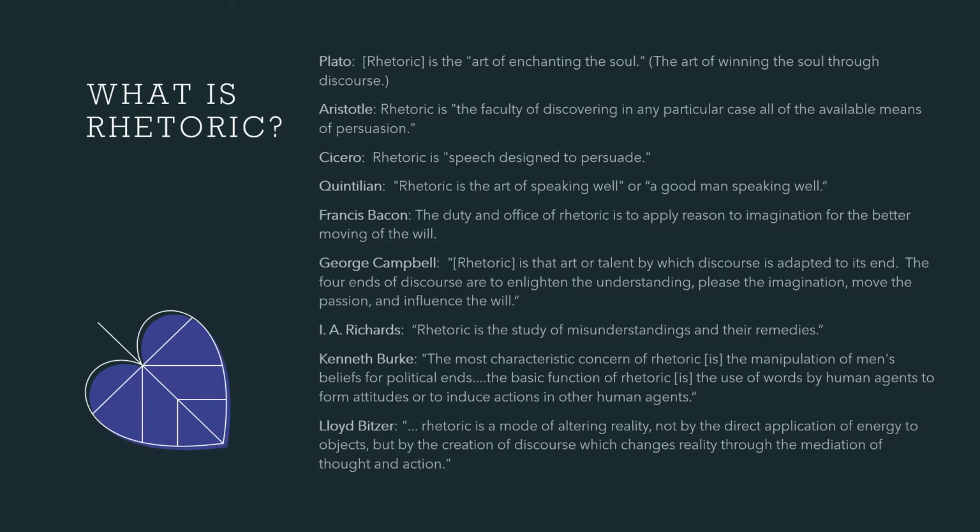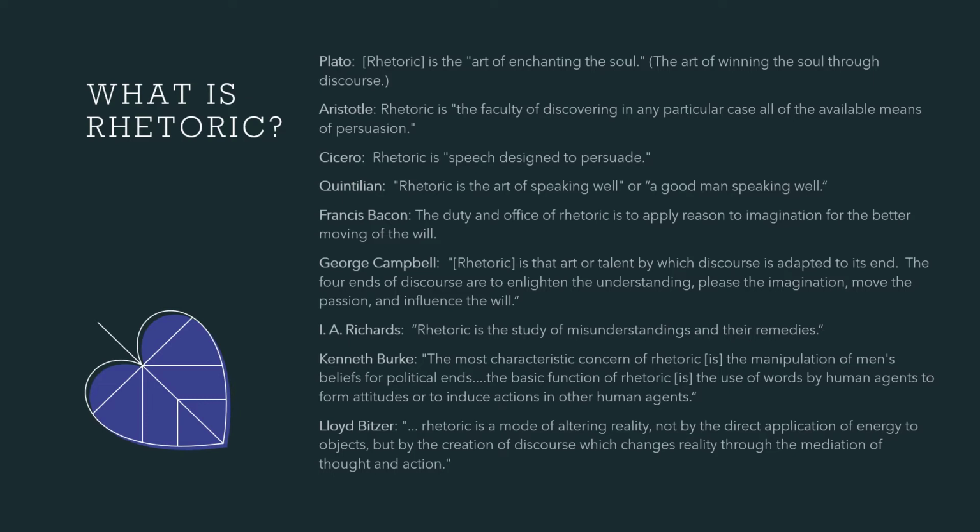And rhetoric is that ability to shift that message around, to change and adapt that discourse, so it can achieve its purpose with the audience. And he includes 4 ends of discourse: to enlighten the understanding, to please the imagination, to move the passion, and influence the will. Those are tied to faculty psychology. So if you're interested in 18th century rhetoric, we offer courses in that sometimes.